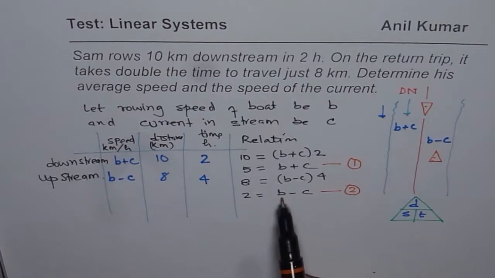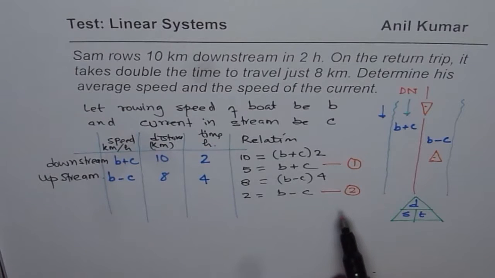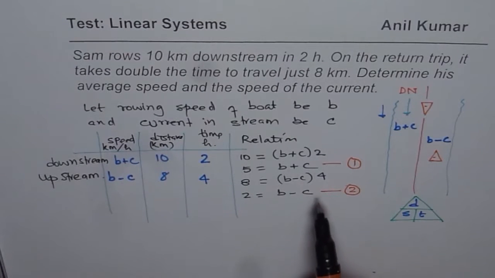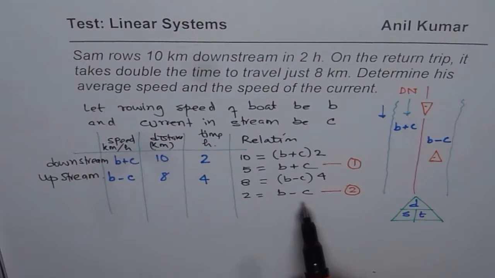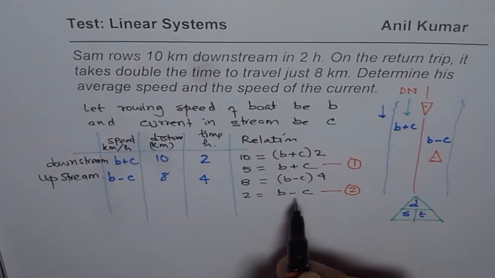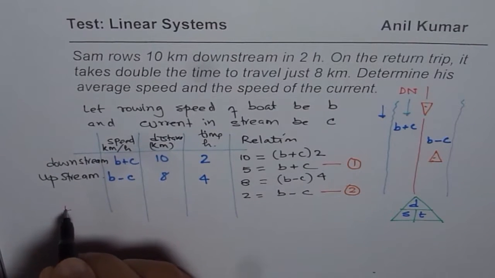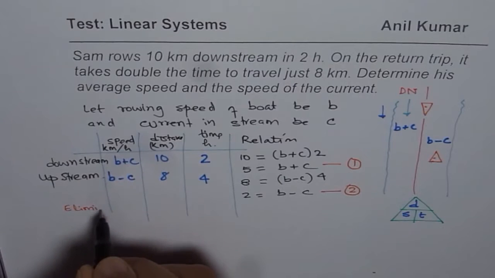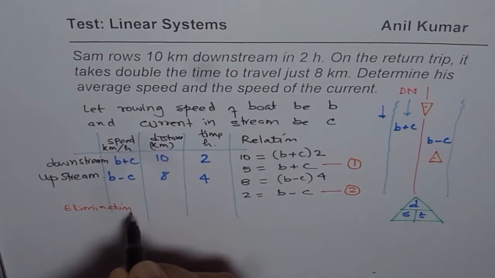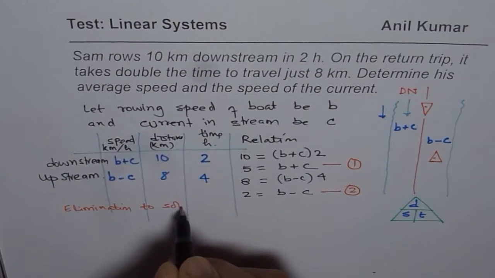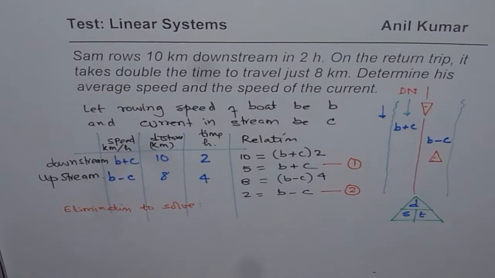You can easily calculate both the variables, correct? You could adopt any method you've learned, substitution or elimination. Which one is good for you? I will prefer the elimination method, so let's do the elimination method to solve the system of equations.